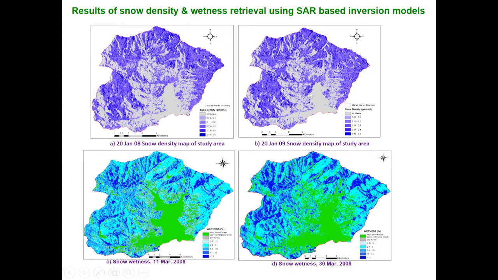Using inversion models, we can generate a snow density and snow wetness map of any region if we have the synthetic aperture radar data.